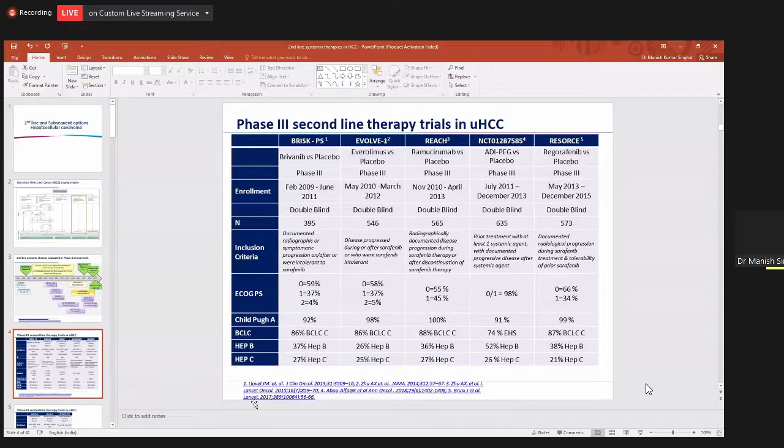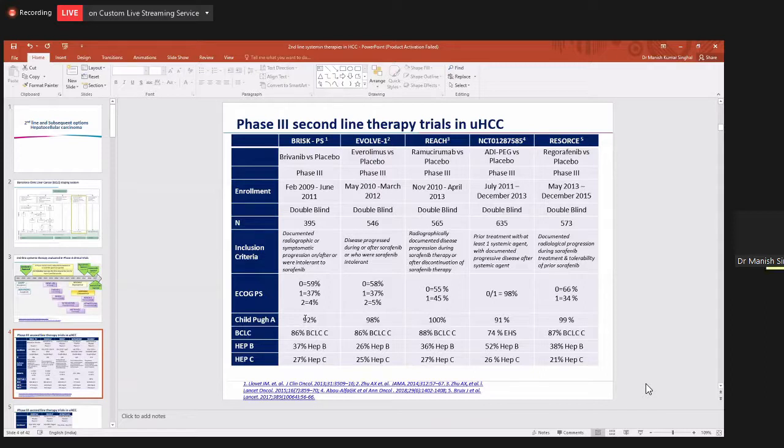All these studies have tried to test patients mainly in Child-Pugh class A, and Child-Pugh class B is more or less up to B7 one can treat, but beyond B7, I think it's a clinical call to treat or not to treat, because perhaps the patient is likely to succumb to their liver decompensation rather than to their liver cancer.